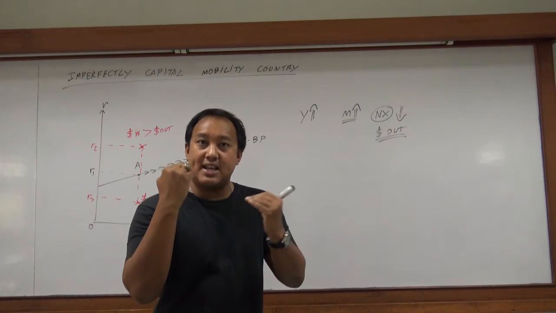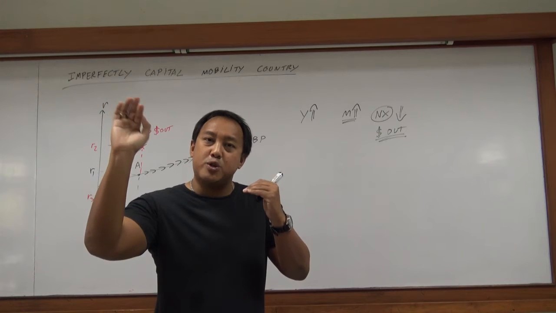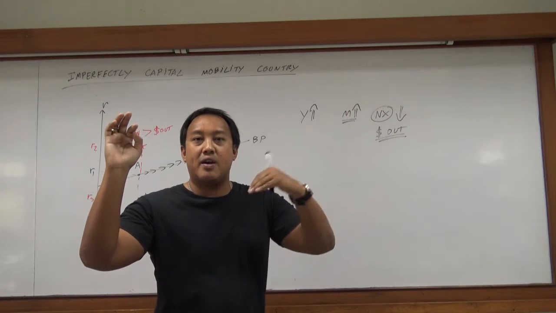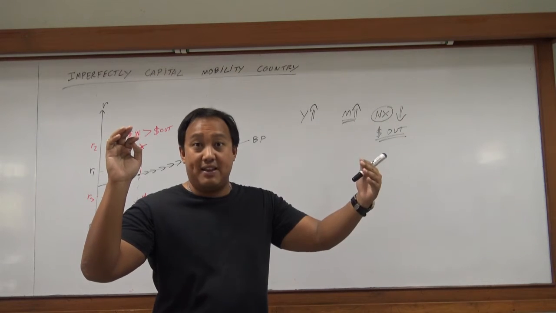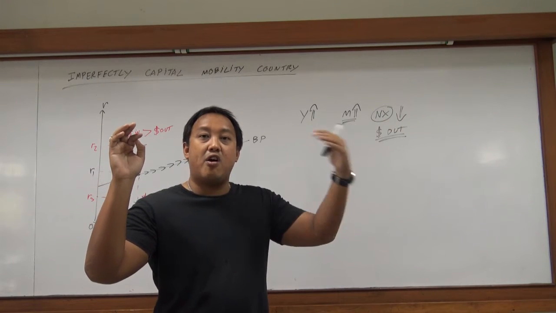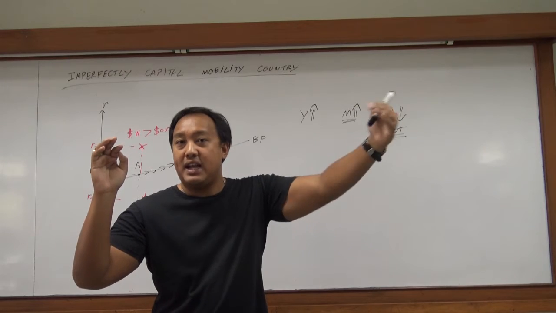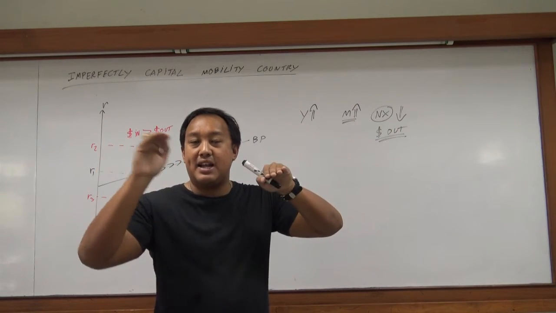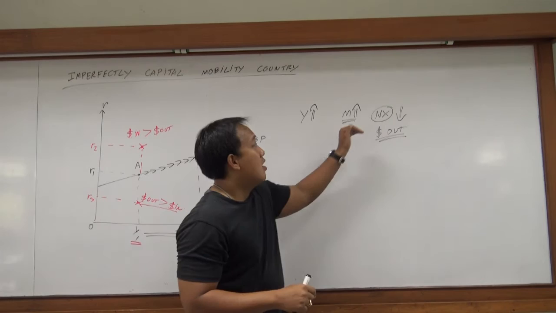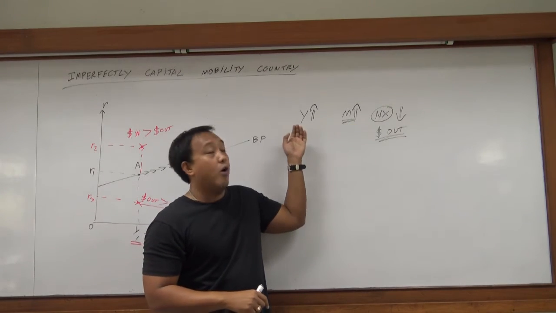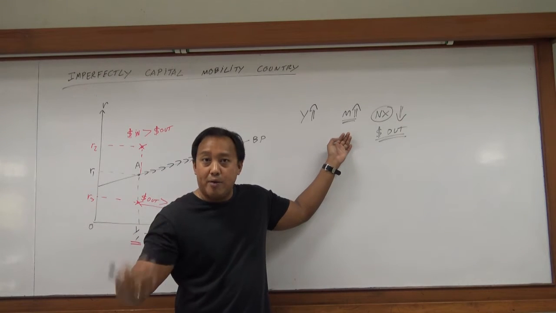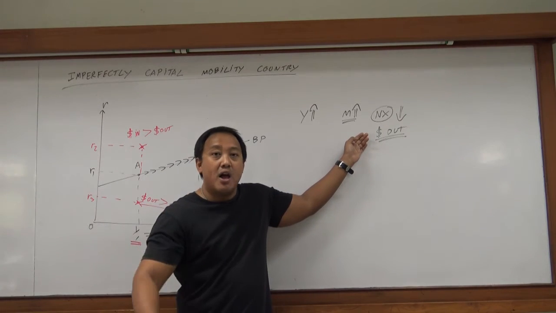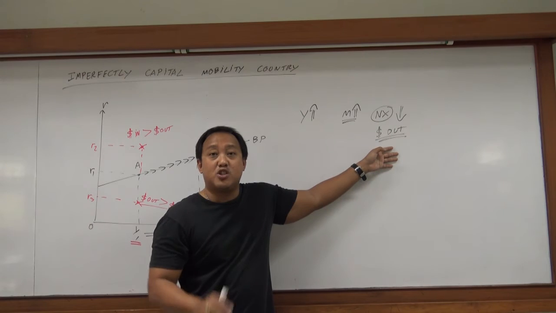So how do we balance it? When the money moves out, we have to do something to give more incentive for foreign investors to put money in, to balance the money that moves out. So when the economy gets better and GDP gets higher, people import more, NX goes down, and the money starts to move out.